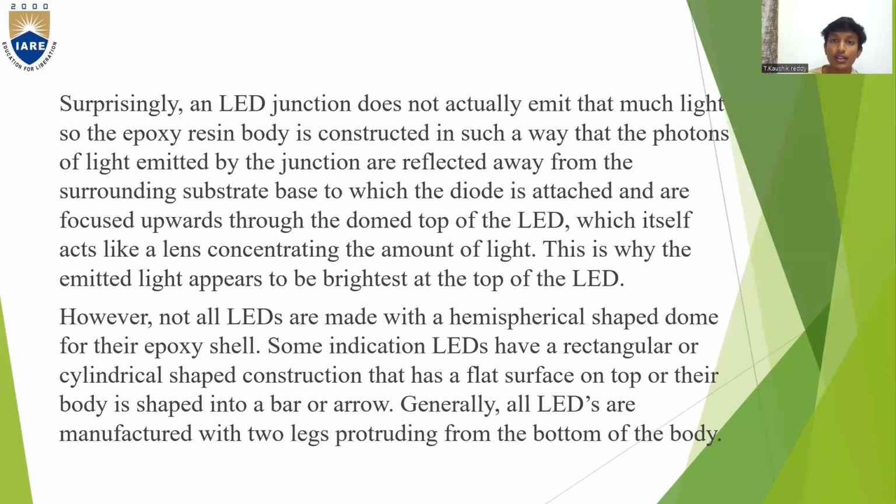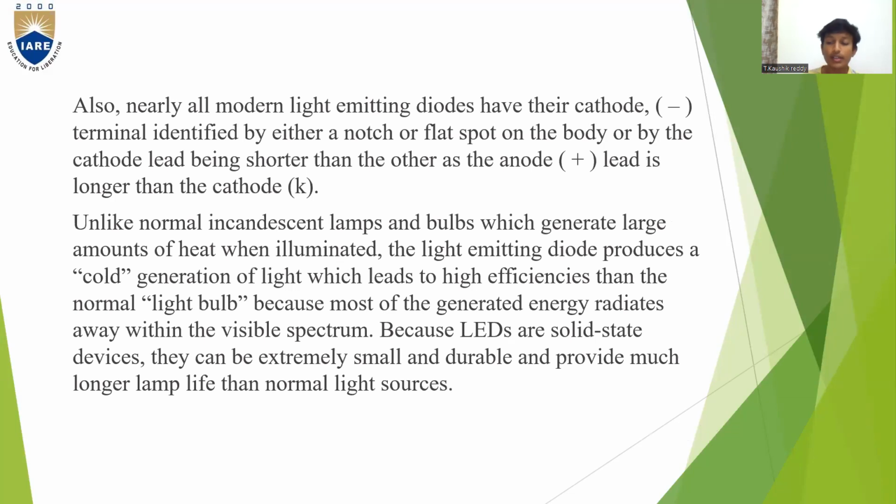Generally, all LEDs are manufactured with two legs protruding from the bottom of the body. Also, nearly all modern light emitting diodes have their cathode, negative terminal, identified by either a notch or flat spot on the body, or by the cathode lead being shorter, as the anode, plus, lead is longer than the cathode.